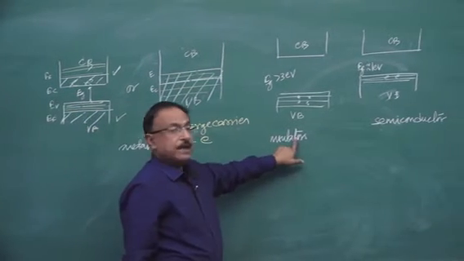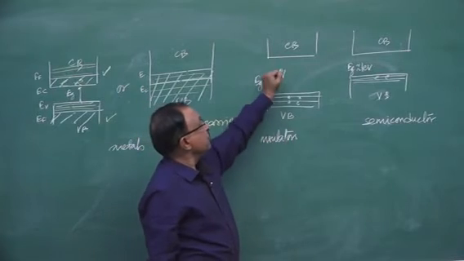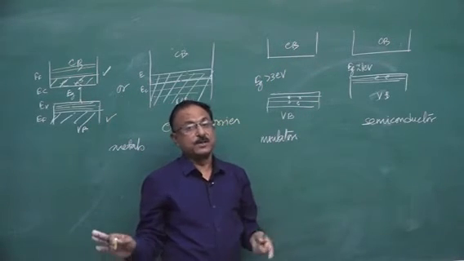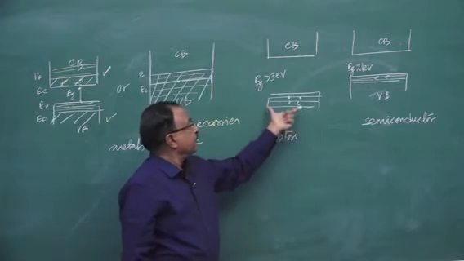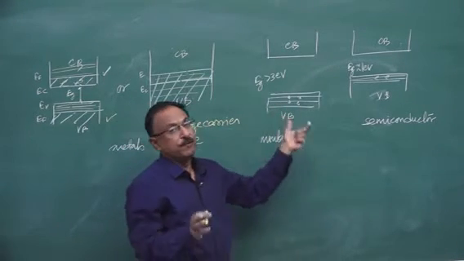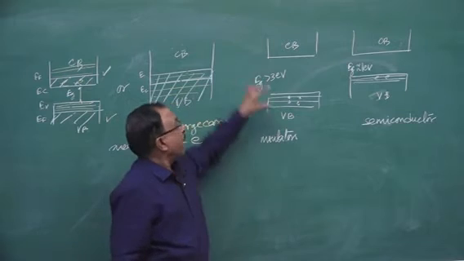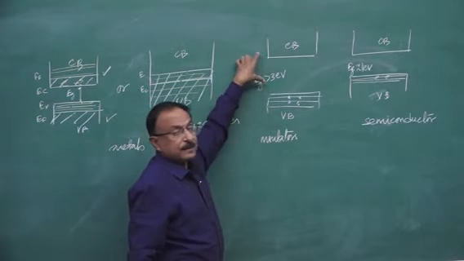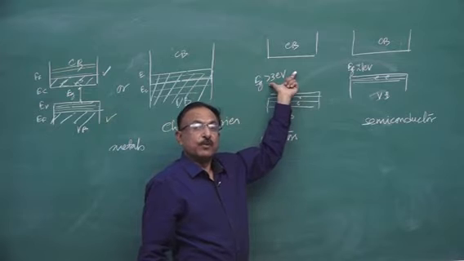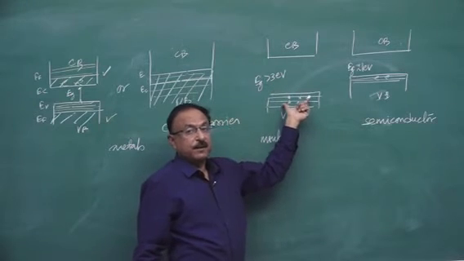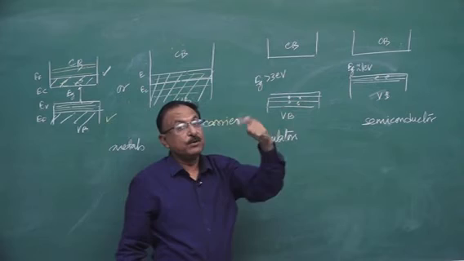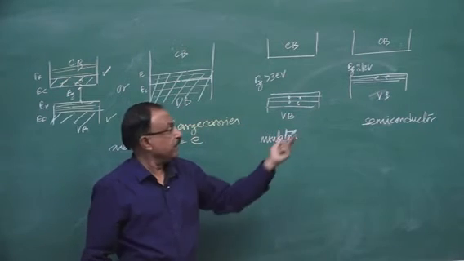Now let's talk about the insulator. What happens in the insulator? In the insulator, the conduction band is empty, so no free electron is there to conduct. The valence band is, as usual, fully occupied, so its electrons have no freedom to move around. And the forbidden gap, the band gap, is very large, about 3 electron volts. So it is difficult for the electrons to go from the valence band to the conduction band even on gaining energy. It is very difficult for them.